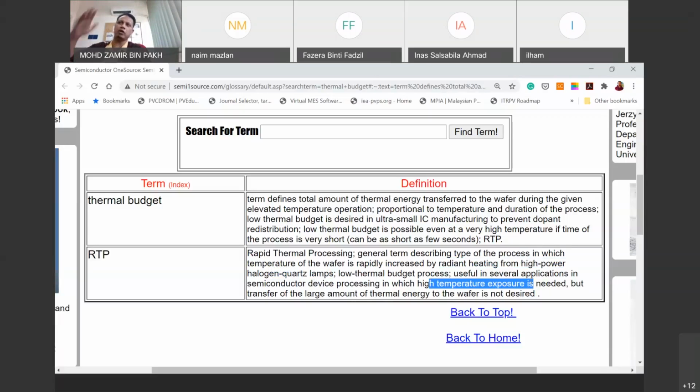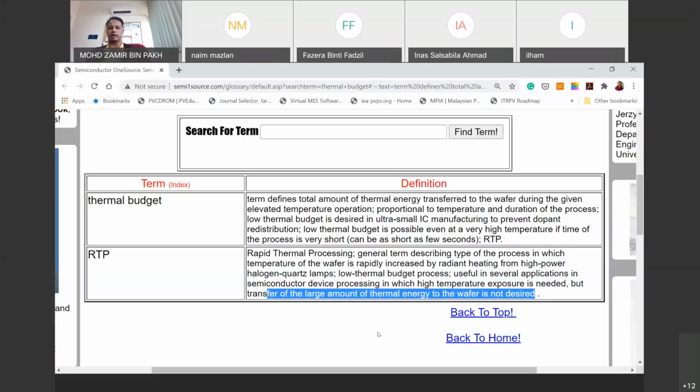Then it's going to alter your dopant distribution more significantly in comparison to the RTP process. But transfer of a large amount of thermal energy to the wafer is not desired, right? So if you're talking about low technology node, then RTP is a must. If you talk about big technology nodes, the micron-sized ones, for example for automotive applications, where you don't really need to go for nanoscale gate size, then a furnace is more tolerable, right?